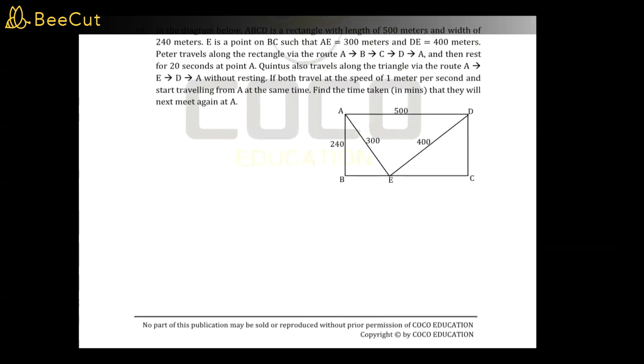Now, question 18. So Peter followed the route A, B, C, D, A. Then let's find the distance.